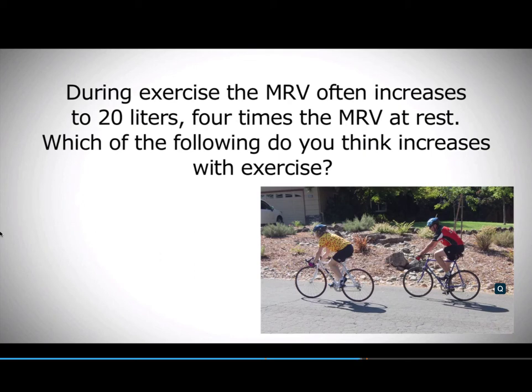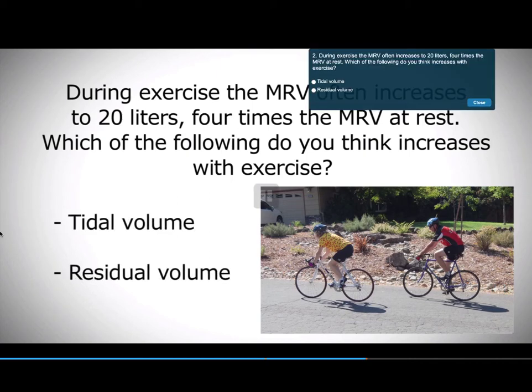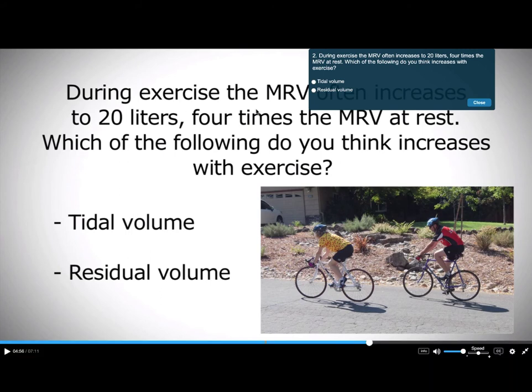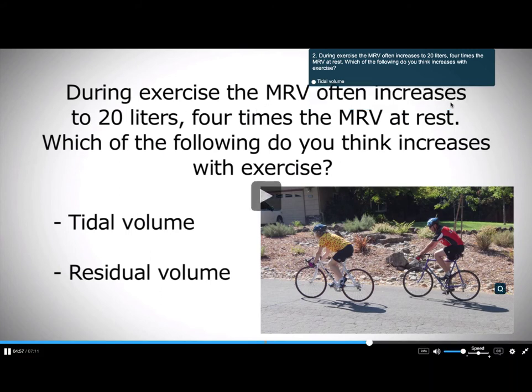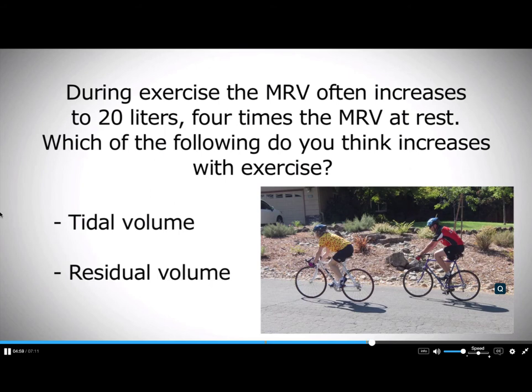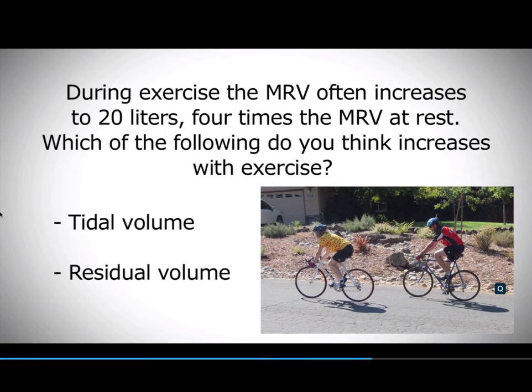Which of the following do you think increases with exercise? Tidal volume or residual volume? Recall that the residual volume doesn't change with activity, but the tidal volume and number of breaths per minute can change.